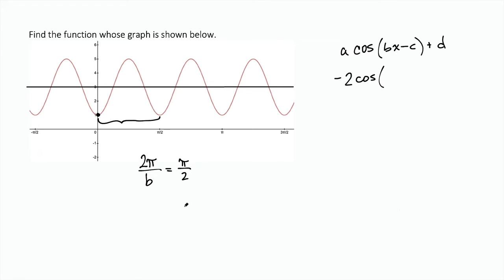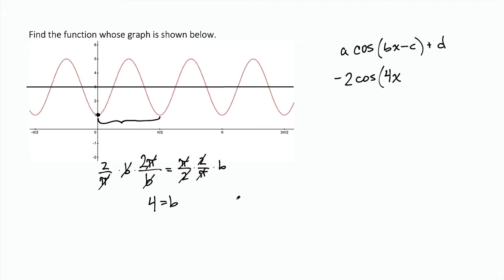And so now we can solve for b. If I multiply both sides by 2 over pi and by b, the pi's cancel, the 2's cancel, the b's cancel. We get 2 times 2, which is 4, equals b. And so now we have b is 4.